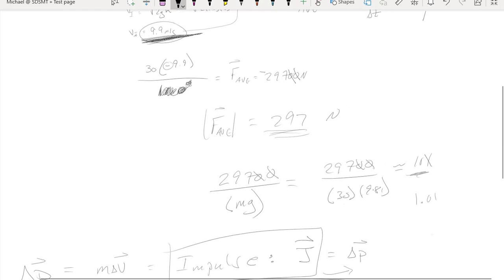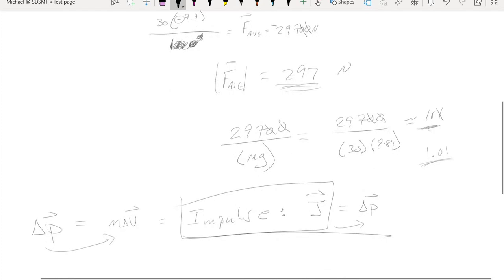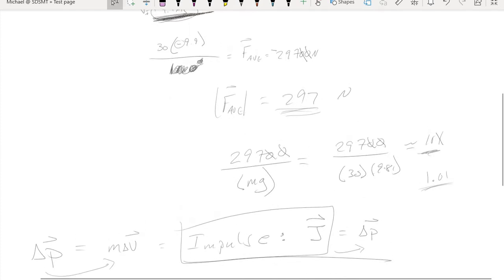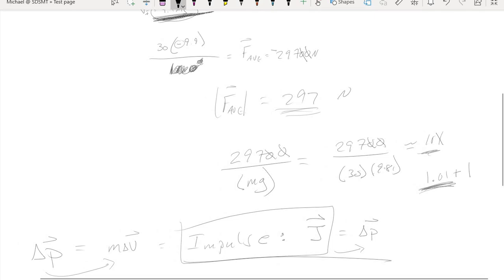So compared to the regular weight, the landing has the feeling of experiencing the weight. And so this is by far the safer alternative. Basically, we're just adding this amount to the normal weight that we're already experiencing, and so you'd feel about twice as heavy as what you normally would in this scenario.